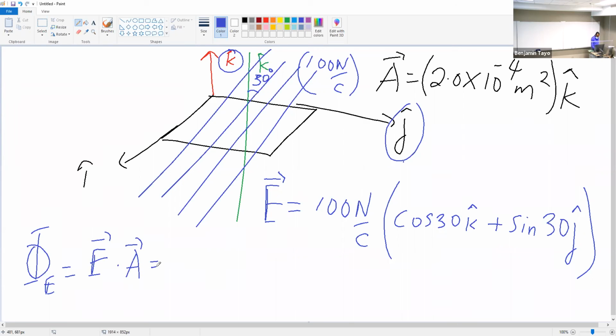So in this case, this is going to be equal to 0.02 cosine of 30.